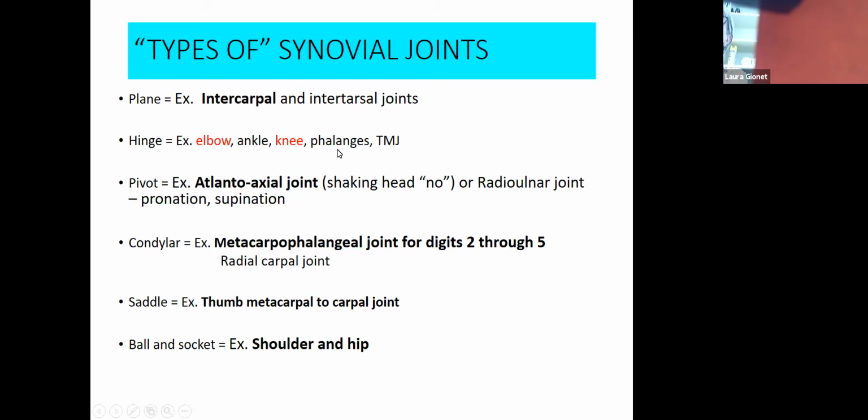The phalanges are also examples, your three, or in the case of the big toe and the thumb, two phalanges. And then your TMJ, your temporomandibular joint, the way your mandible pivots on the articular surface of the temporal bone.